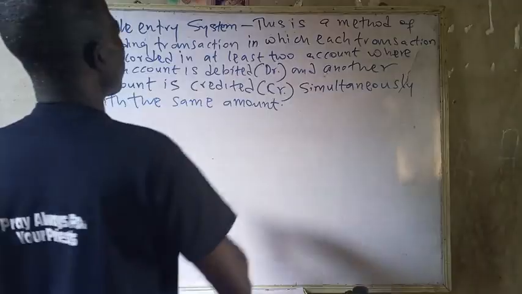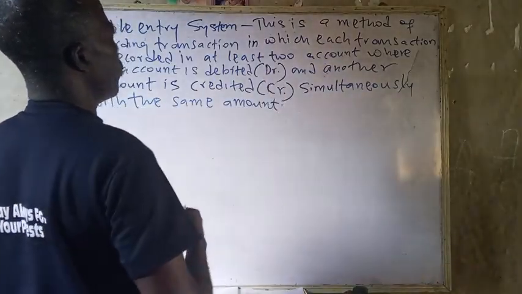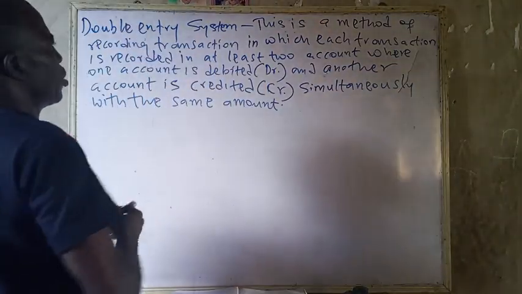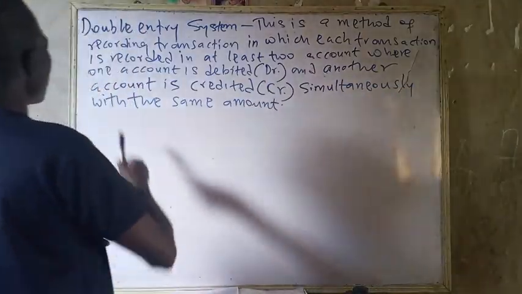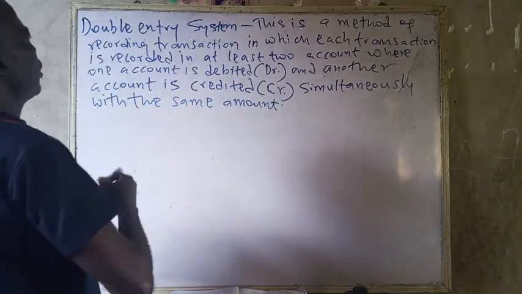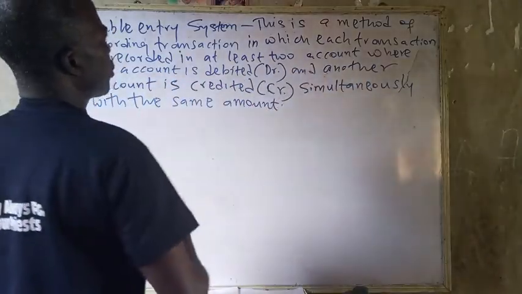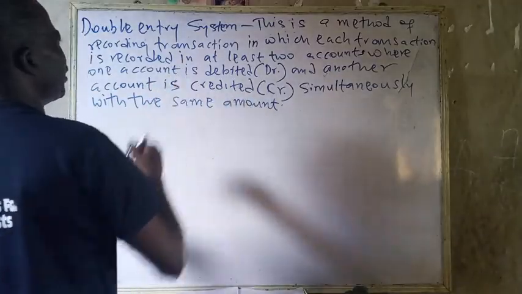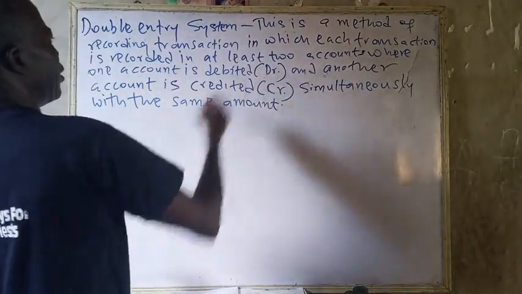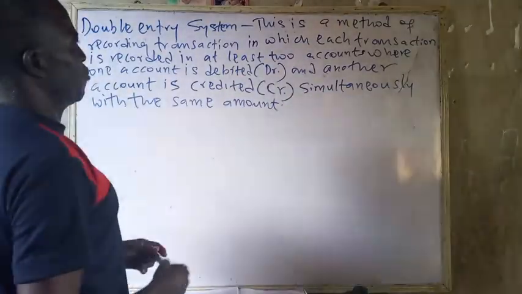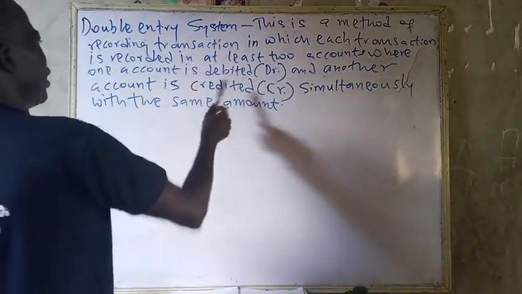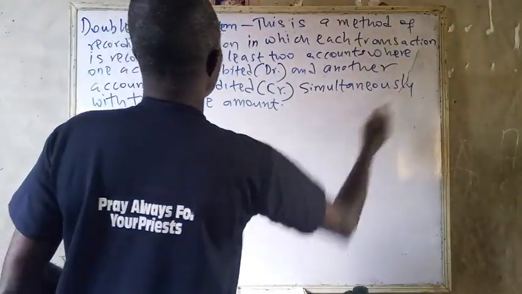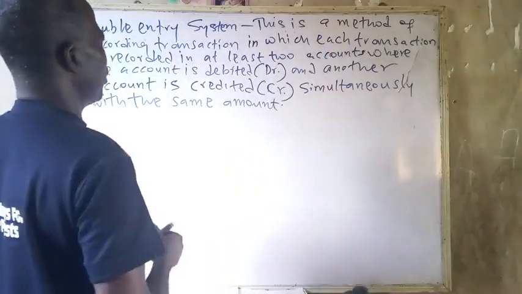Double entry system. This is a method of recording transactions in which each transaction is recorded in at least 2 accounts, where one account is debited, DR represents debited, and another account is credited, CR represents credited, simultaneously with the same amount.